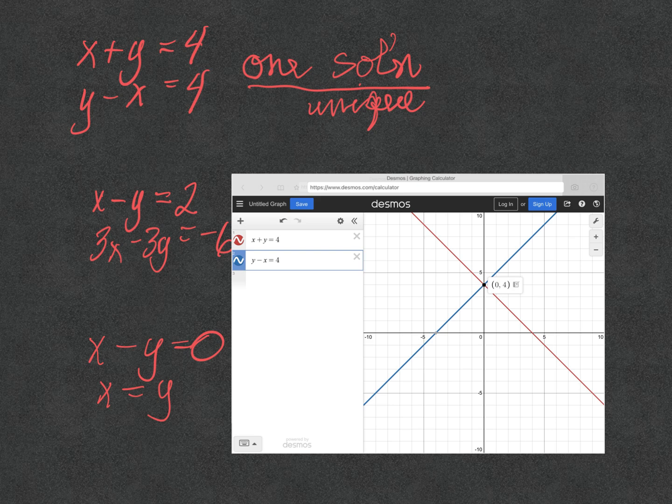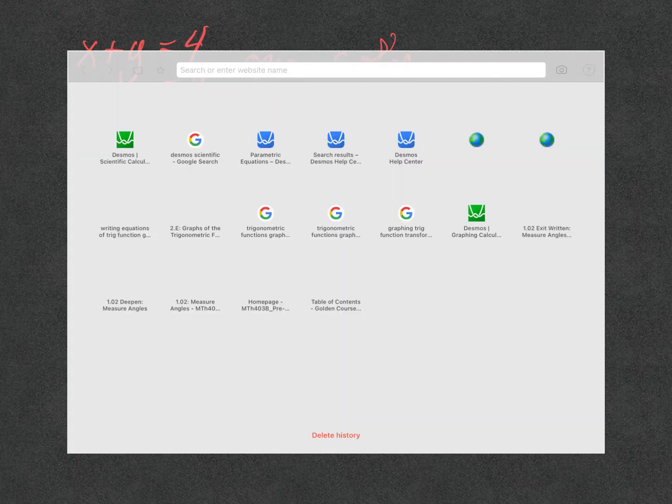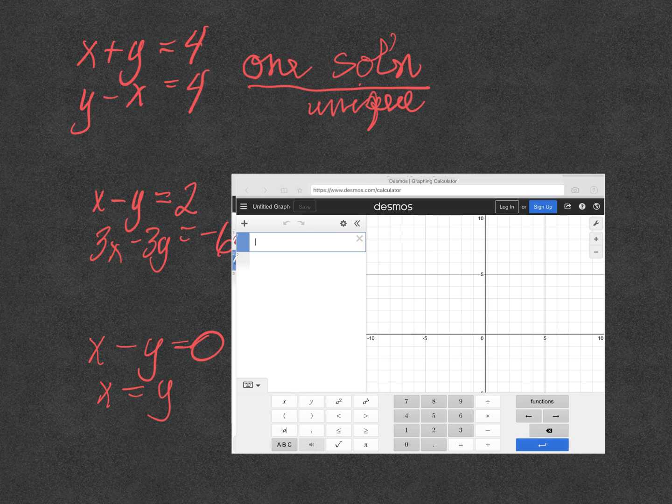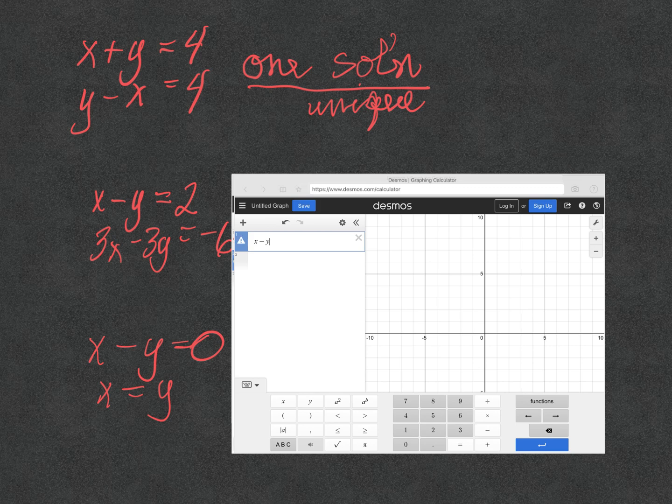So let's do another one, all right? Let's do the next one, which is x minus y equals 2, all right? And then let's graph the next equation, which is 3x minus 3y equals negative 6.